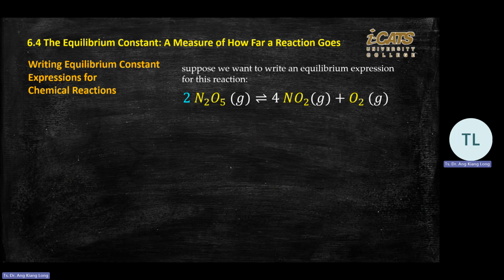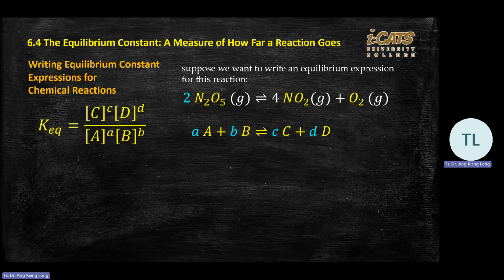You know that this is small a, this is capital A, no more reactant, B we don't have. 4 is a small c, NO2 is the capital C, plus O2, in front there's nothing, means 1. Okay, this is small d and capital D. So how do we calculate? Again, write this equation in your answer and write this KEQ equal to this equation.